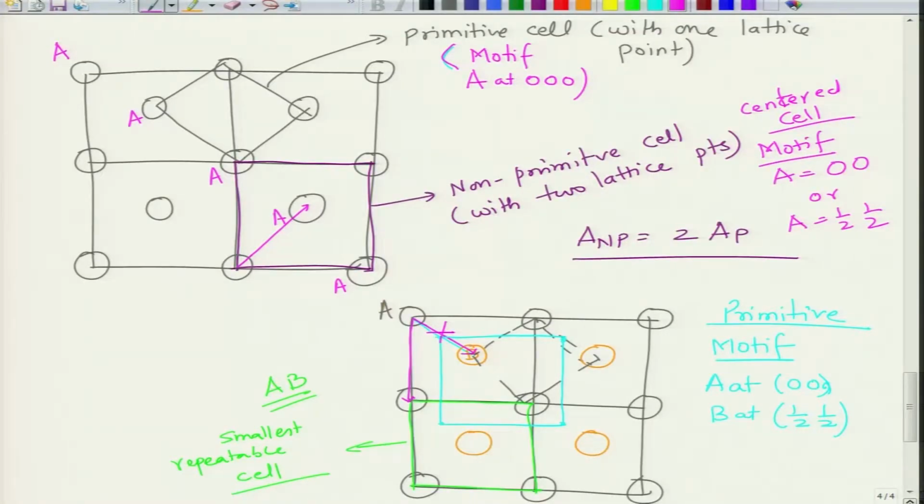For details, you should go to the first module of the Nature and Properties of Materials course, that is structure of materials, where I have discussed the concept of motif in detail. Motif is also called basis. When you combine a motif or basis with the periodic point lattice, it makes what is called a crystal lattice or crystal structure.